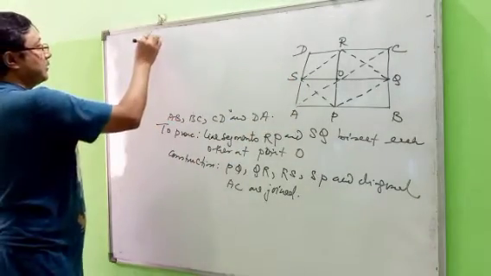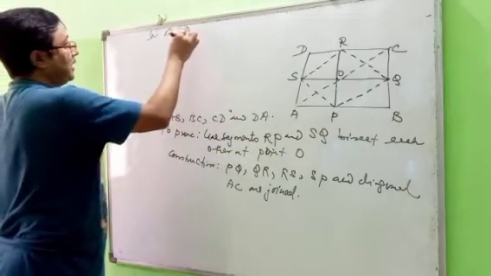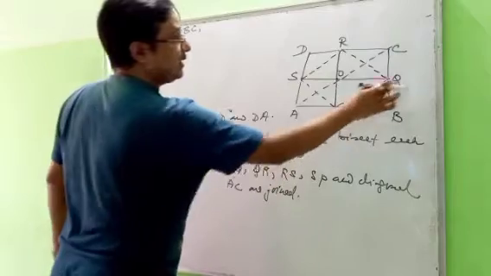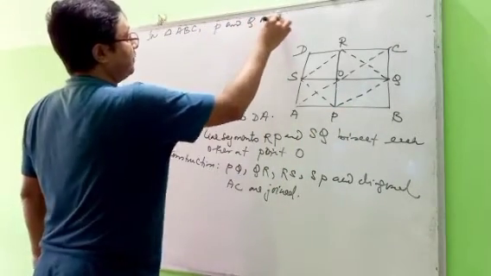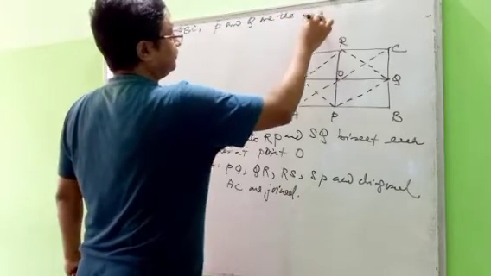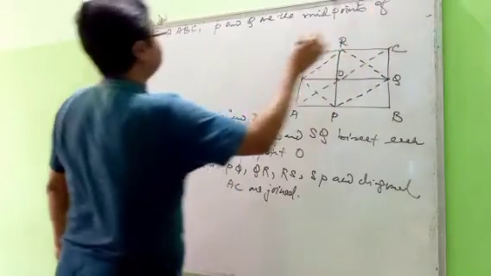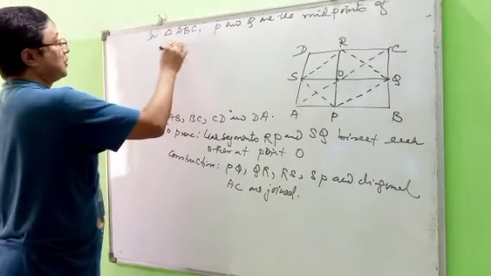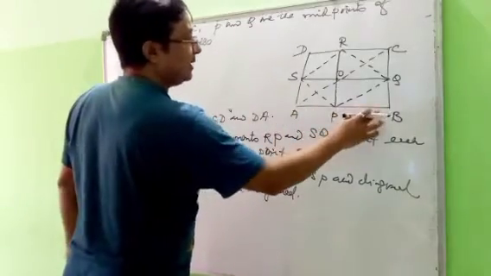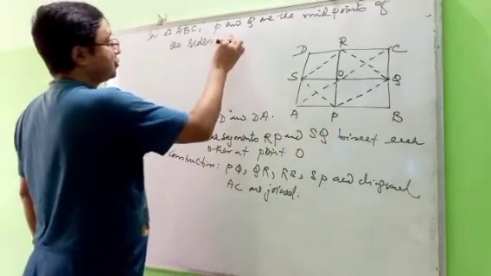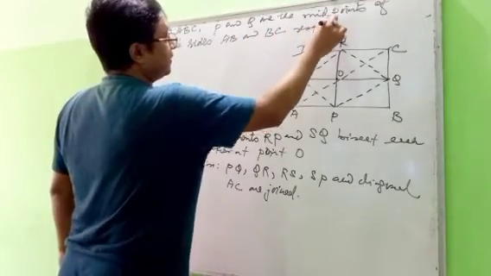So in triangle ABC, P and Q are the midpoints of the sides AB and BC respectively.